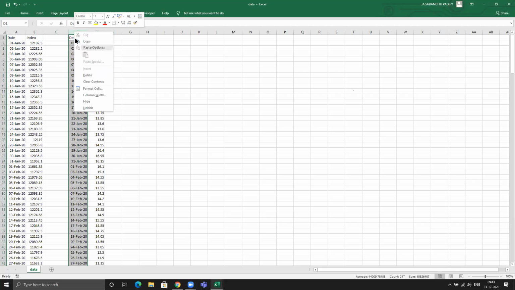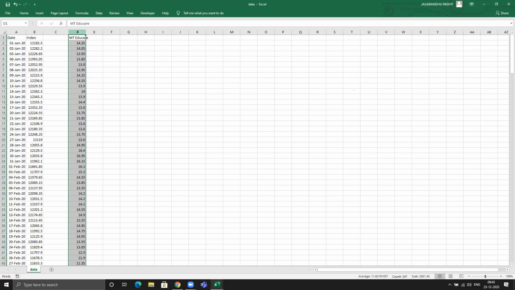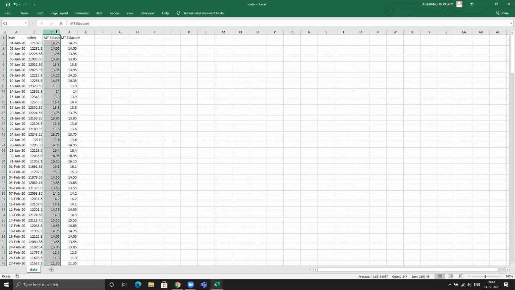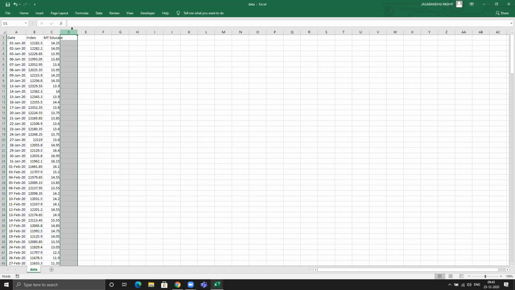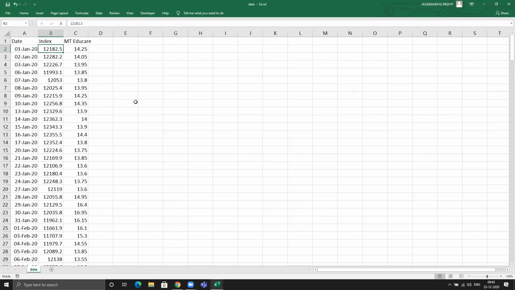So let us just club it together. Now, are we ready till here? First get to this point. The date, next to it the index and its MT Educare prices should be available with you. After this we'll have to do the calculation of beta. Are we done till here? Once you're done, let me know. We'll proceed accordingly.